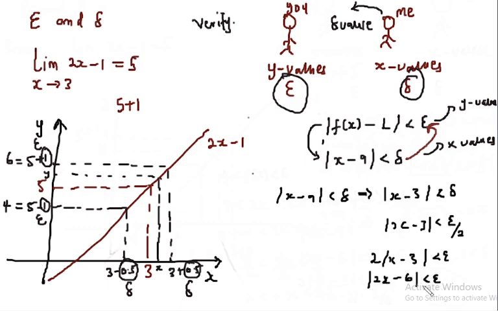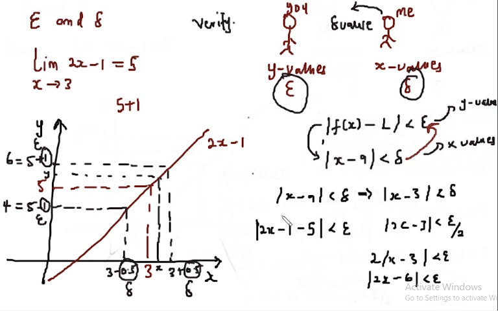Just so you make 2x minus 6 look like this, you can write minus 6 as minus 1 minus 5. So this is the absolute value of 2x minus 1 minus 5 less than epsilon.